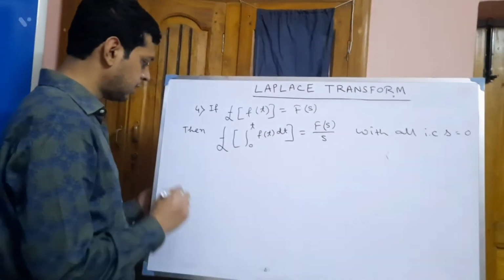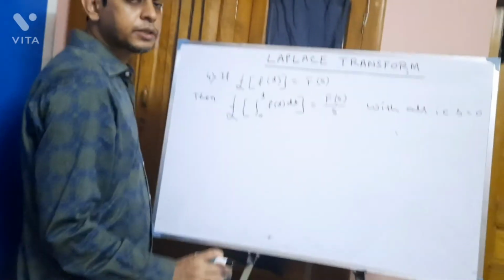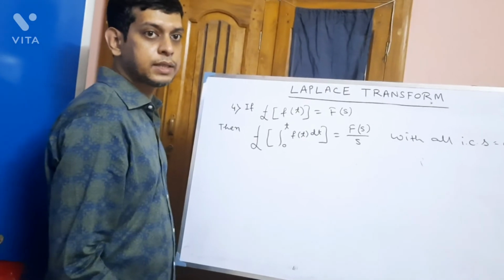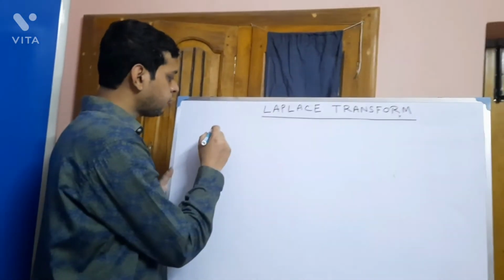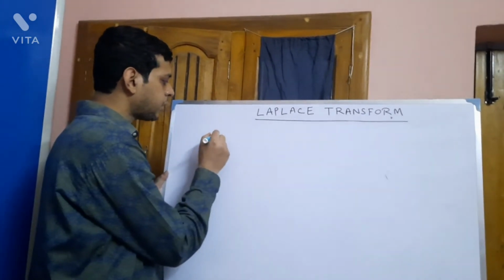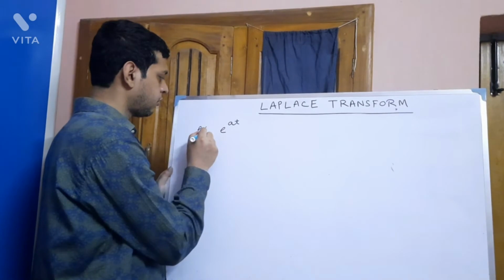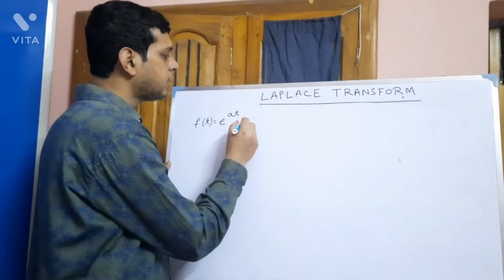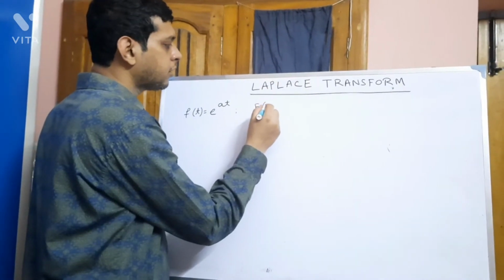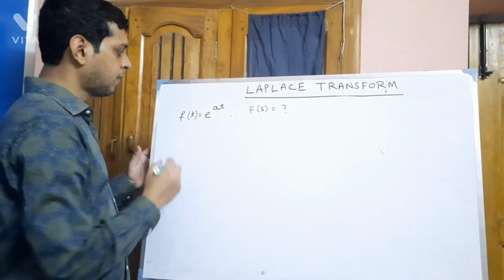Now, let us determine the Laplace transform of the basic functions. Say we want to determine the Laplace transform of e to the power at, or if f(t) equal to e to the power at, then we want to determine the F(s).